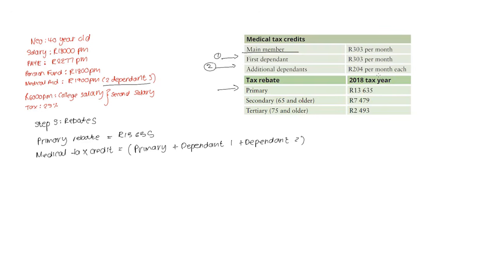Therefore, in order to find the medical tax credit for the year, we multiply the result by 12. We simply plug in the values given in the table into the equation. And this gives us a final answer of 9,720 Rand.